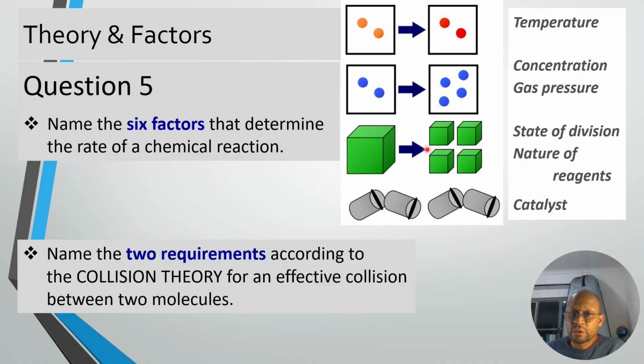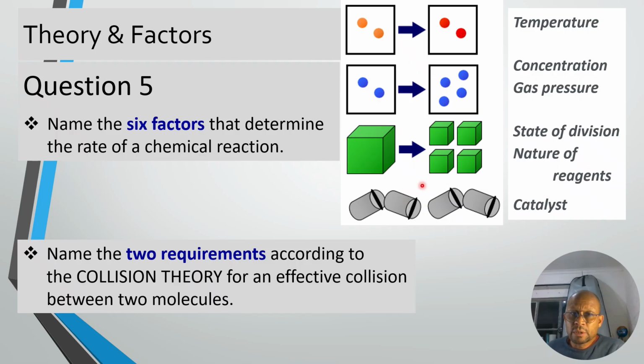We also refer to this as a larger state of division. So an increase in state of division means an increase in the surface area, which means that your reaction rate will increase.